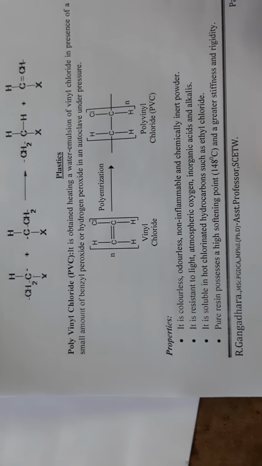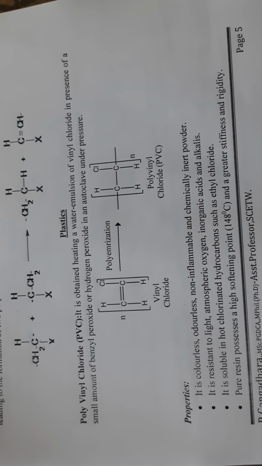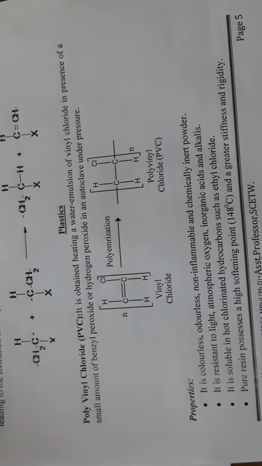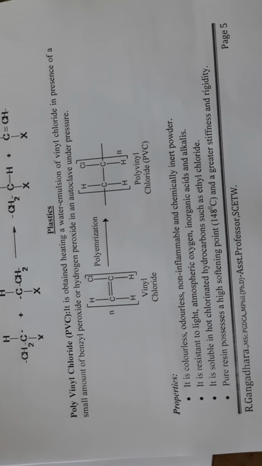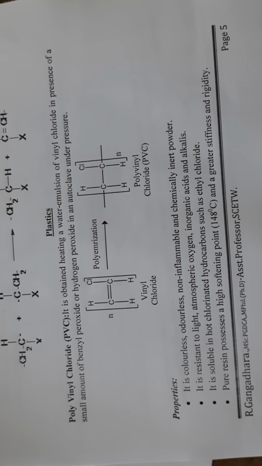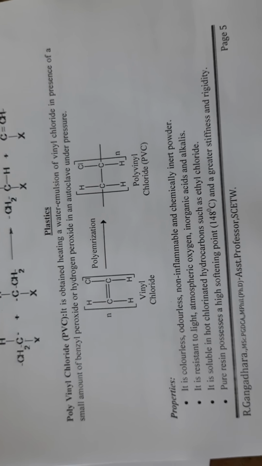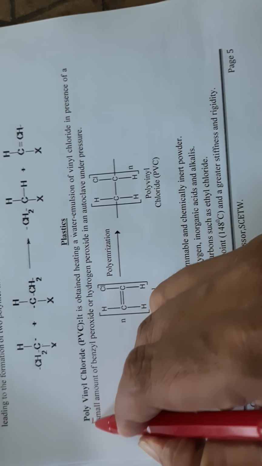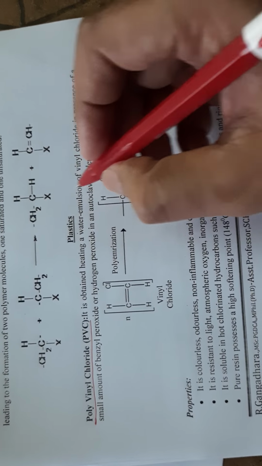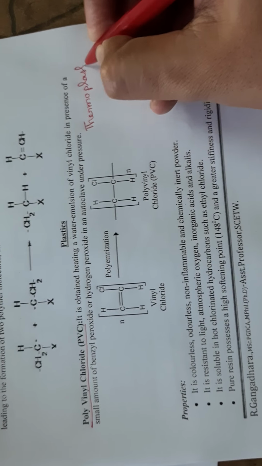Now in our syllabus we have plastics. In plastics, two or three examples are there. One is polyvinyl chloride, another one is Bakelite. You know, polyvinyl chloride is an example of a thermoplastic and Bakelite is an example of a thermosetting plastic. So regarding plastics, polyvinyl chloride is the best example and it is a thermoplastic.